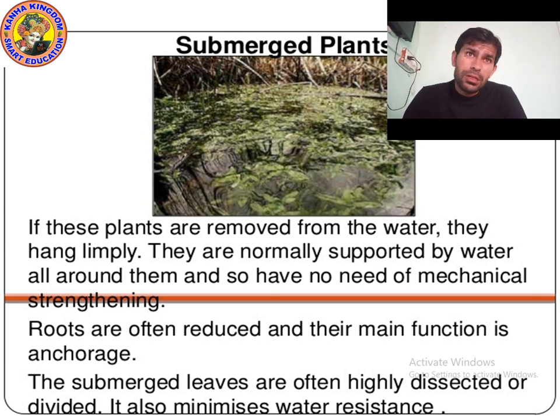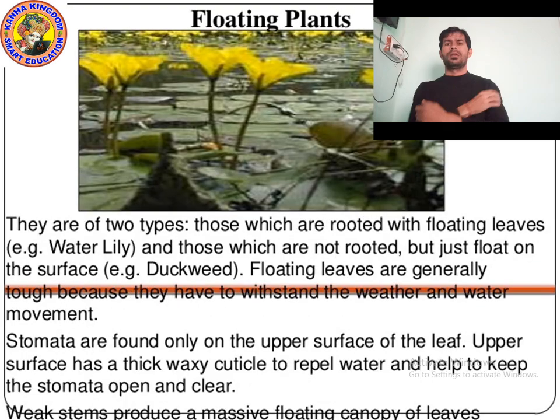Now let's talk about the floating plants, which float in the water. Let's move on to the next point. Kids, you might have seen a water lily.